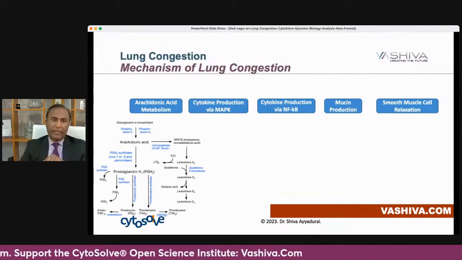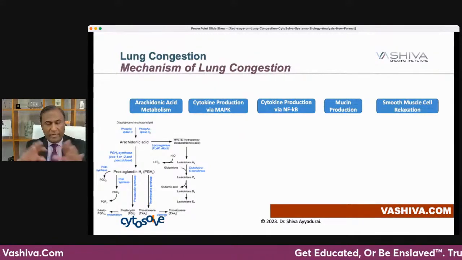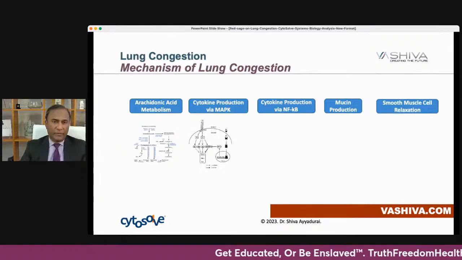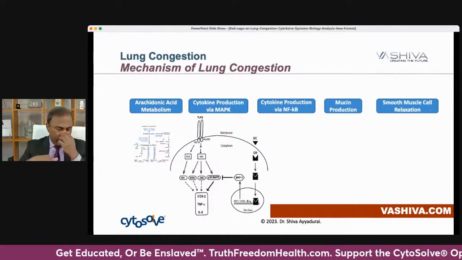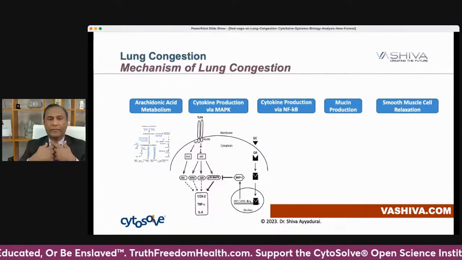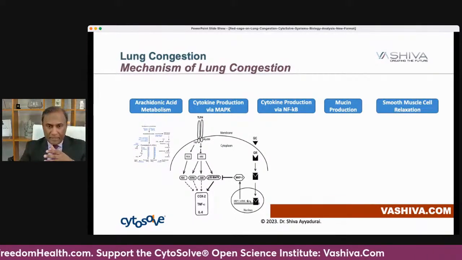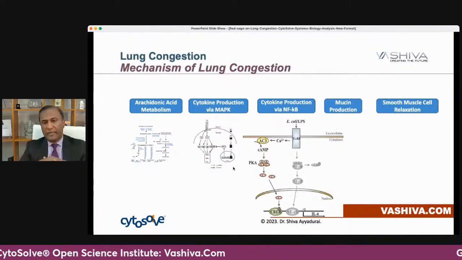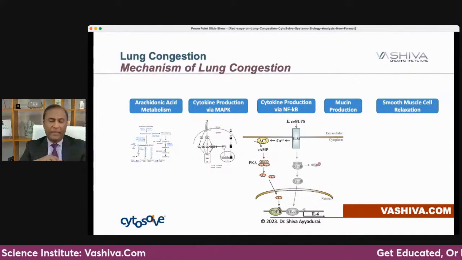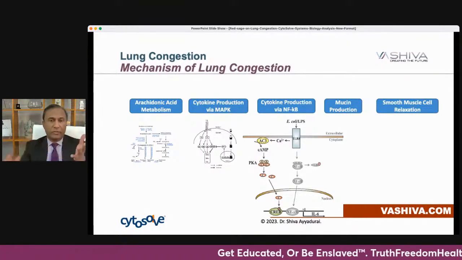So arachidonic acid metabolism involves a chemical called arachidonic acid, which affects many other reactions. Your body is just one big chemical factory. Another one is cytokine production via MAPK. As you may have heard, cytokines, you've heard of the cytokine storm. The other is cytokine production via NF-kappa B, a molecule that shows up in all sorts of things, in inflammation, also with cancer.